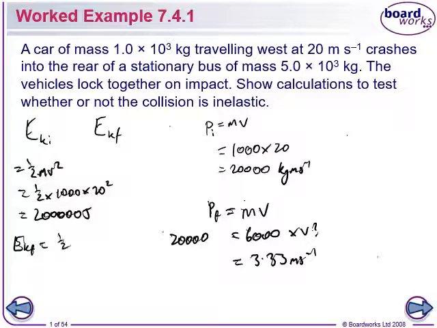So 1/2 mv squared, 1/2 mass is 6,000, multiplied by 3.33 squared. And I get 33,327.